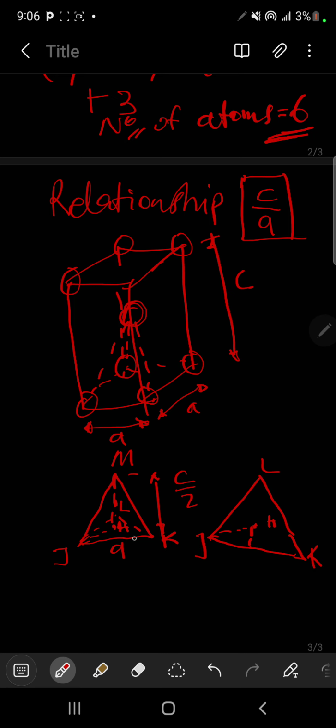Because this was A, if we drop it at the center, it's going to be half of A, so A over 2. Because this section is an equilateral triangle, this whole angle is 60. This line passes at the center, cutting the 60 into 2, so this angle is now 30 degrees.